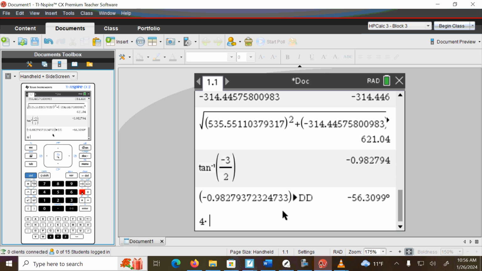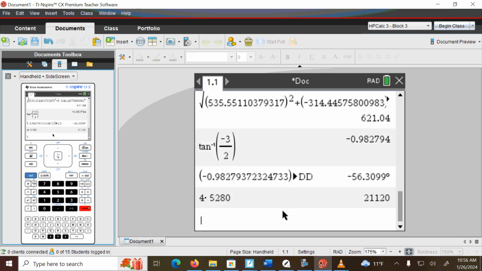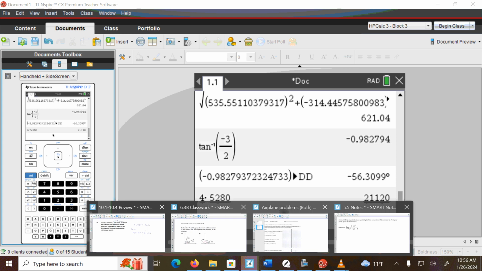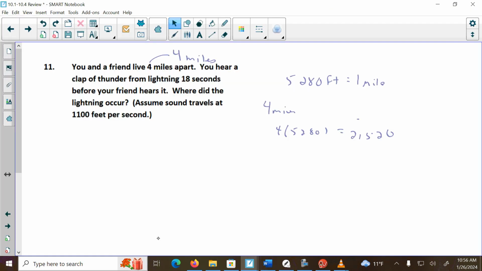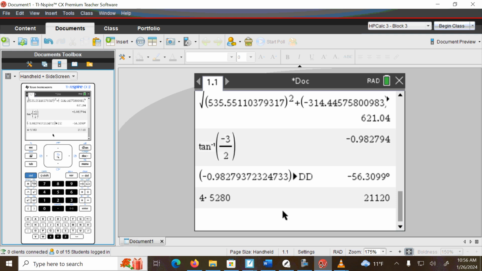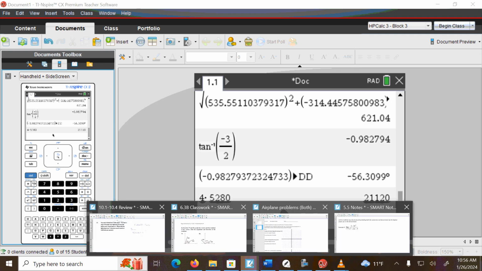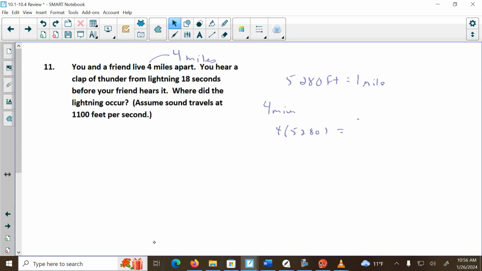4 times 5,280. So 21,120. So they live that many feet apart.